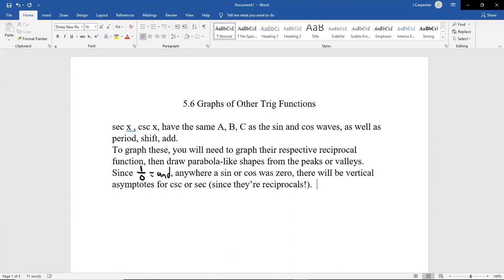So, due to this, cosecant of x has vertical asymptotes of n pi.